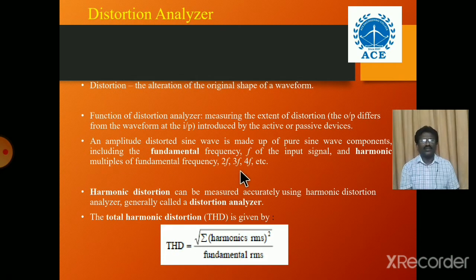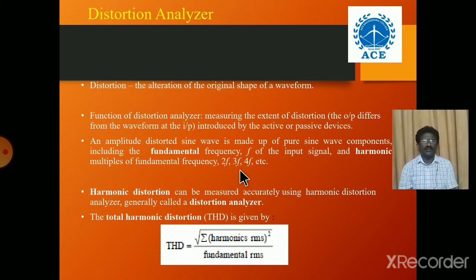Now I am going to explain the distortion analyzer. Everyone knows the idea of distortion. Distortion means the alteration of the original shape of a waveform. Suppose a sine wave, due to some reasons, has some problem.